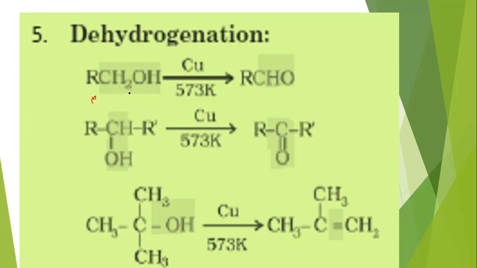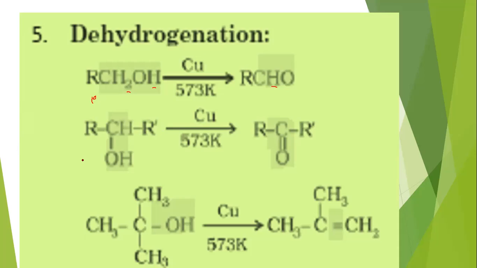See here total 3 hydrogens, 2 and this is 1, 3 hydrogens. So H2 is eliminated, and here only one hydrogen is left. So RCHO, that is primary alcohol on dehydrogenation gives aldehydes.